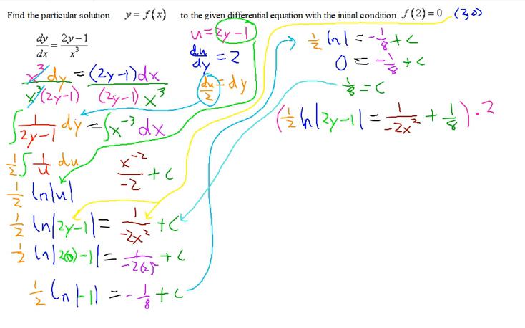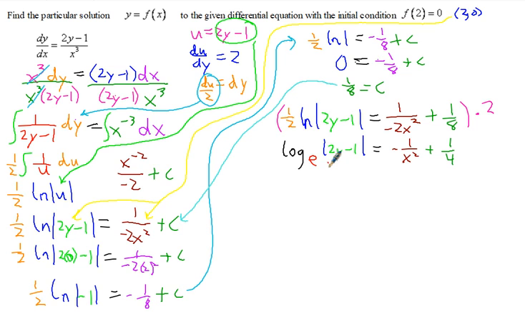And our next step will be easier if we remember natural log is the same as log base e. So we have log base e of the absolute value of 2y minus 1. And then when you multiply this by 2, the 2's reduce out, so we just have negative 1 over x squared. 2 times 1/8, 2 goes into 8 4 times, plus 1/4. And then the way we get the y out of the logarithm to help us solve for it is here you switch it from log form to exponential form.